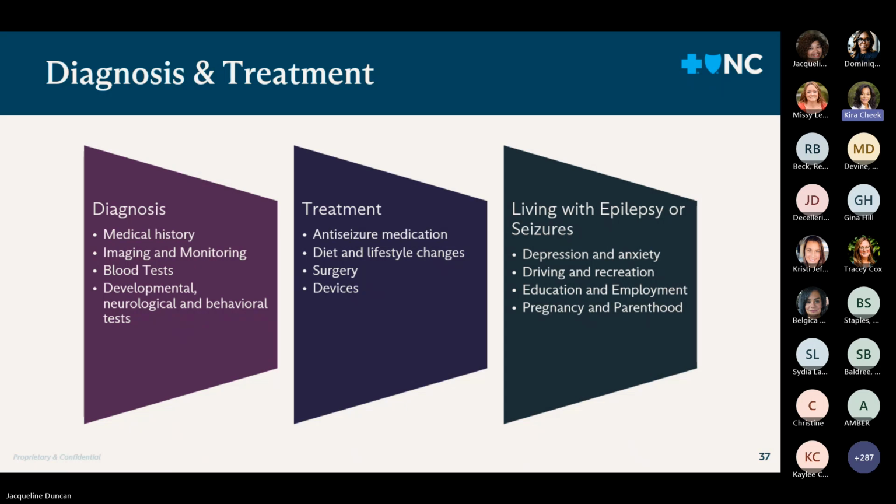Imaging tests such as EEGs, CTs, MRIs, and PET scans can test the person's brain for abnormal electric activity, location, and whether or not any tumors or cysts are present. Blood tests for metabolic and genetic disorders and developmental, neurological, and behavioral tests can also be used to provide clues.